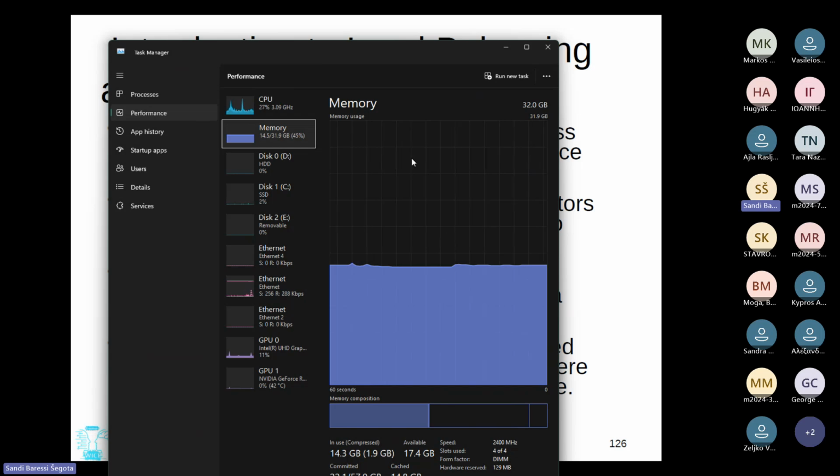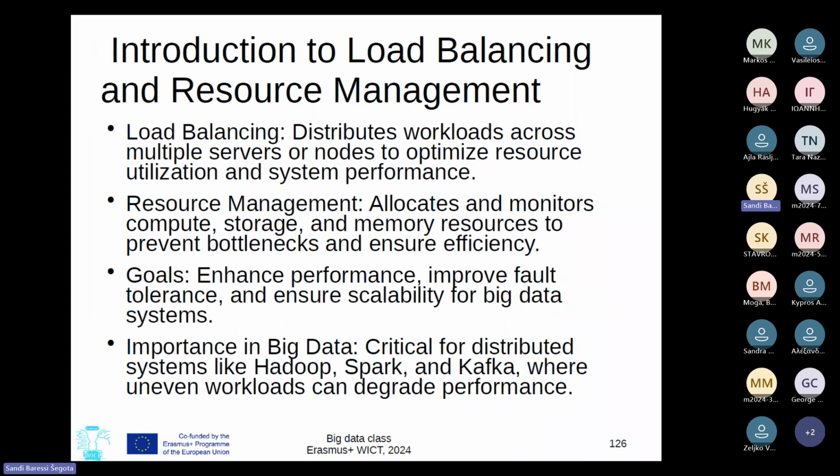The benefit of that is if I open something relatively complex, like some software that is going to increase my memory use, I have much more space now compared to before. That's the idea of resource management and improvement.